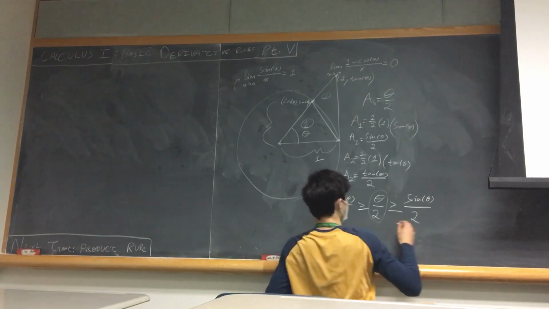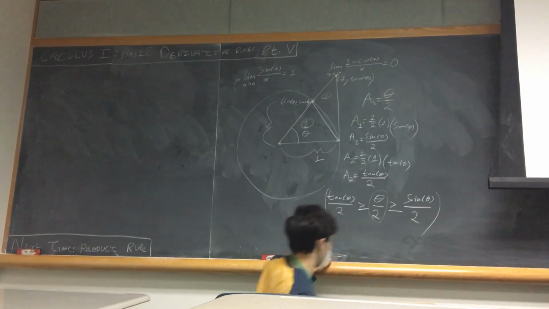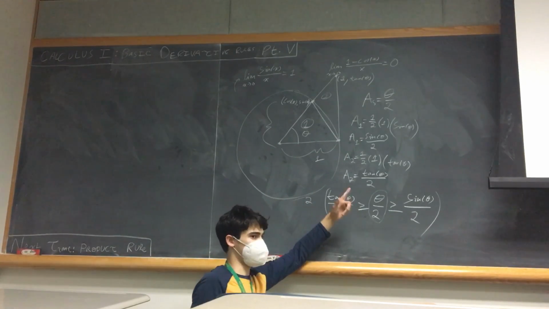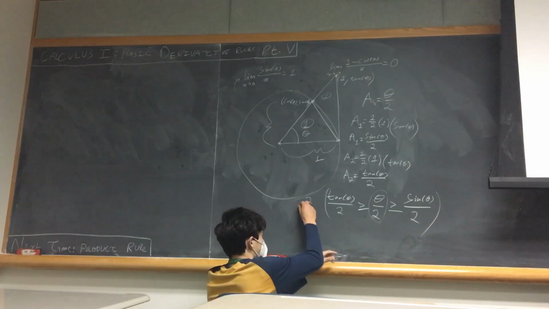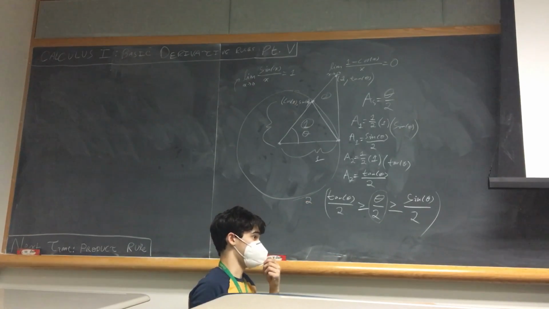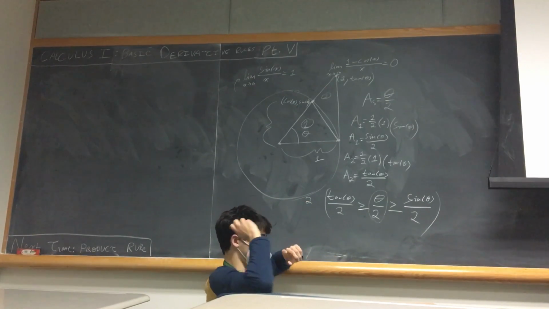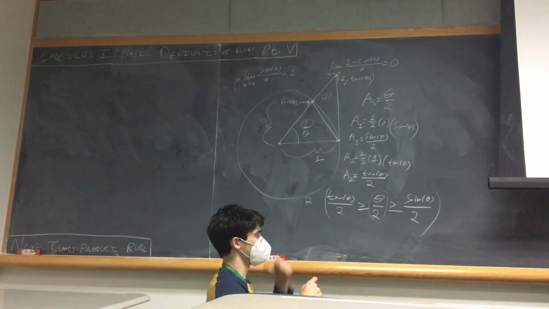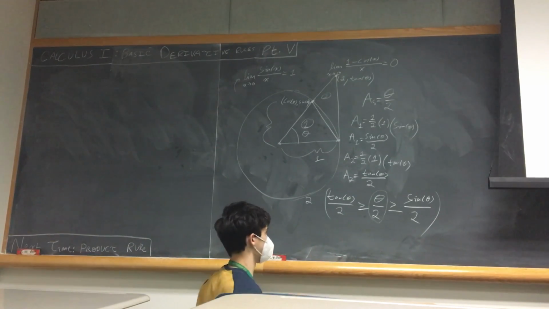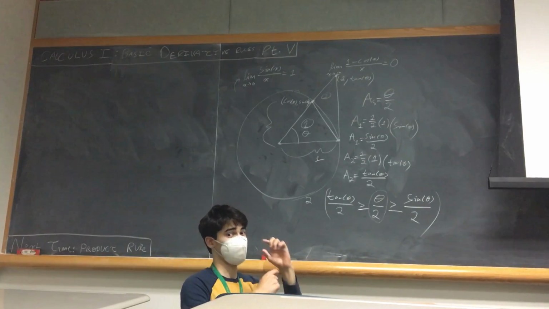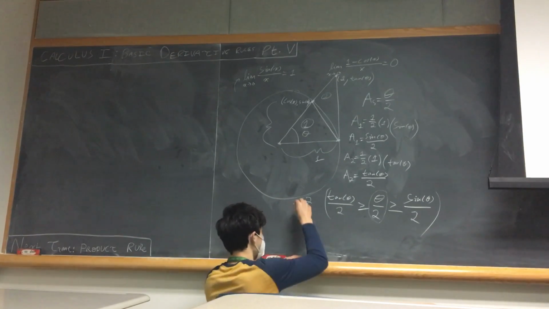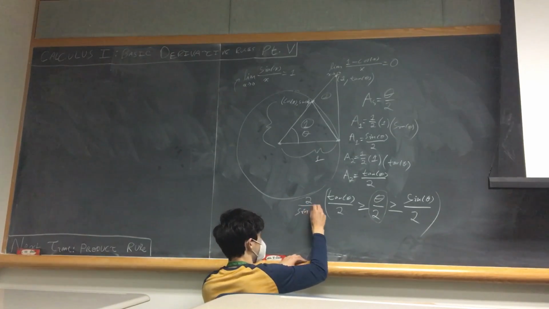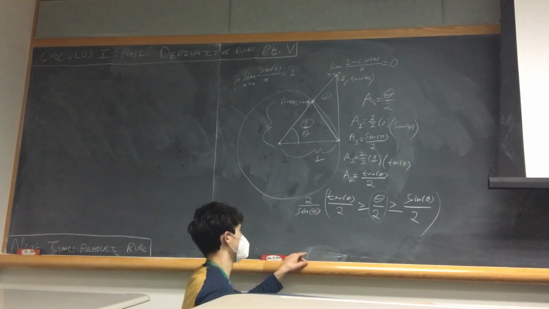So let's start by multiplying this by 2 to get rid of this 2. And then we have theta, but we want sine theta in the numerator and theta in the denominator. So if theta is in the numerator, we would want sine theta to be in the denominator, and then we could take the reciprocal. So I'm going to multiply this through by 2 over sine of theta.